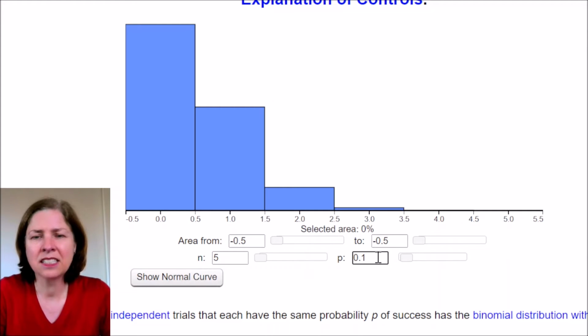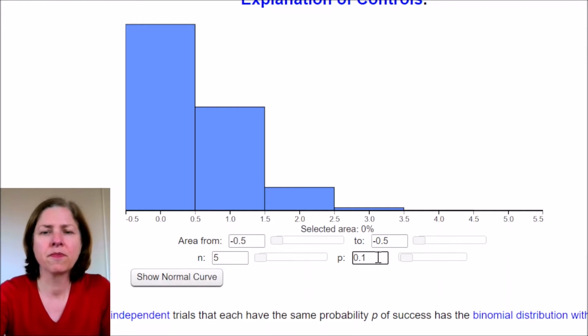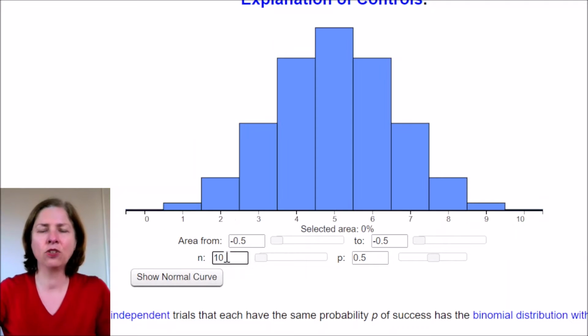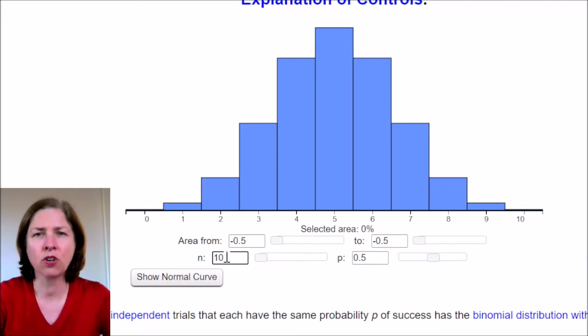So this doesn't look much like a normal curve. But if I go back to having p be 0.5 and I make n, let's say, 10, this is now looking again like tossing a coin, and it looks like I've done it 10 times. It's now a very symmetrical curve.